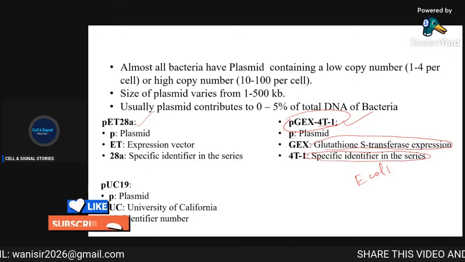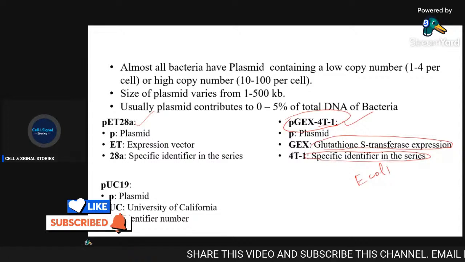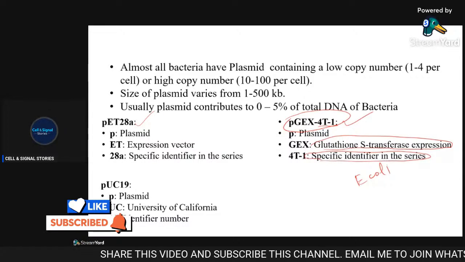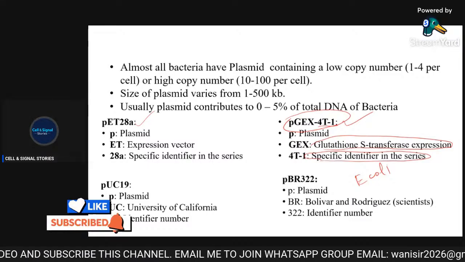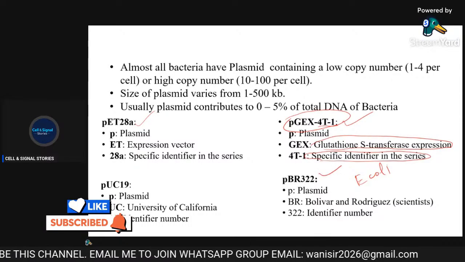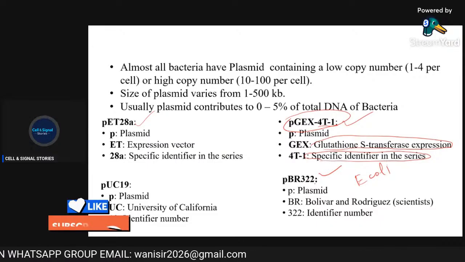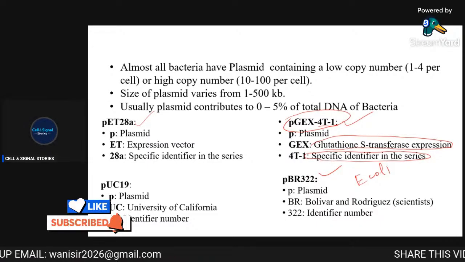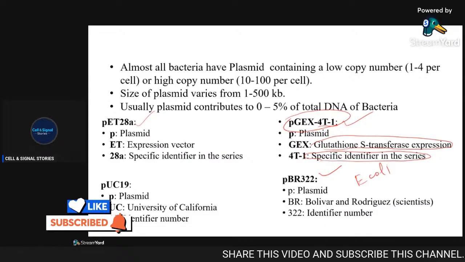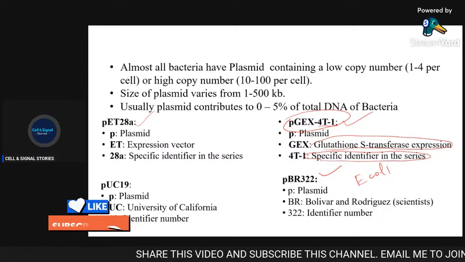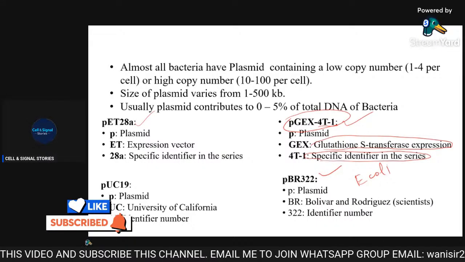Now, we have pUC19, a plasmid, where UC is University of California, where this vector was designed, and it was identified as 19. And we have pBR. Most videos have taught you that there are two types of plasmid vectors. One is pBR322, a synthetic plasmid, and pUC19 is also a synthetic plasmid, but you have to remember pET28a and pGEX, the glutathione S-transferase expression vector 4T1.